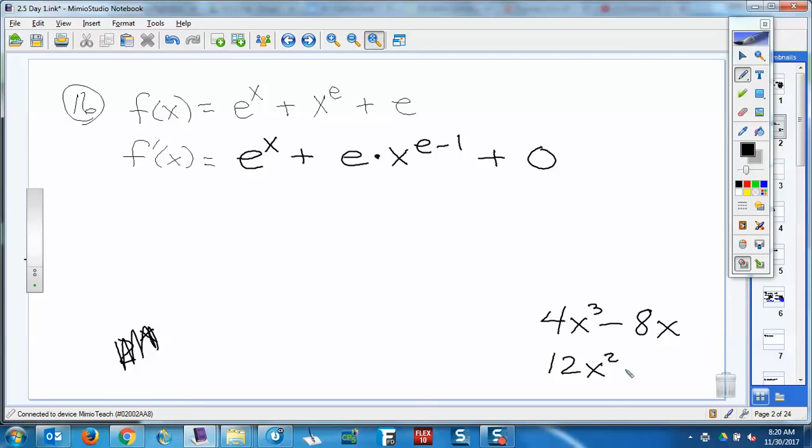And then what? Minus 8. Had a bunch of people just drop this off completely and not put anything there, which was strange, right? So anytime you have just plain old x with a number in front, that is the derivative, that is the slope, whatever that number is. Okay, so it's that. Anyway, just little mistakes like that we want to make sure. Problems are going to get hard enough without making little mistakes on these things.